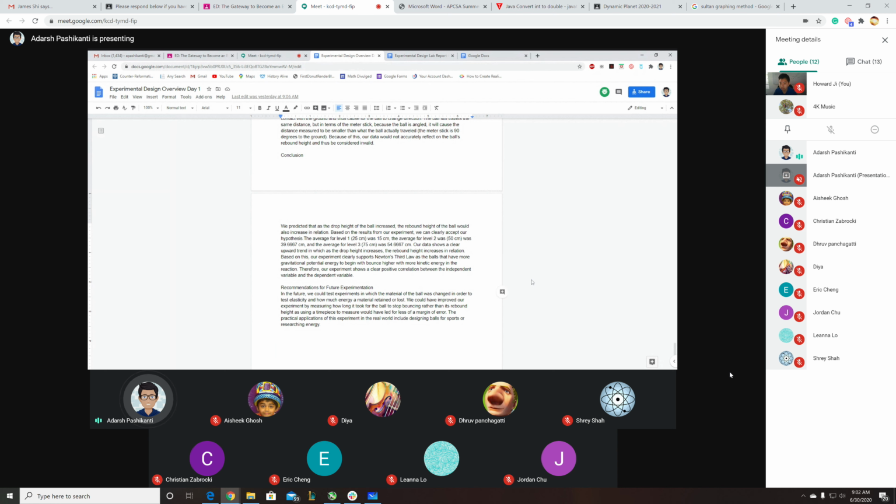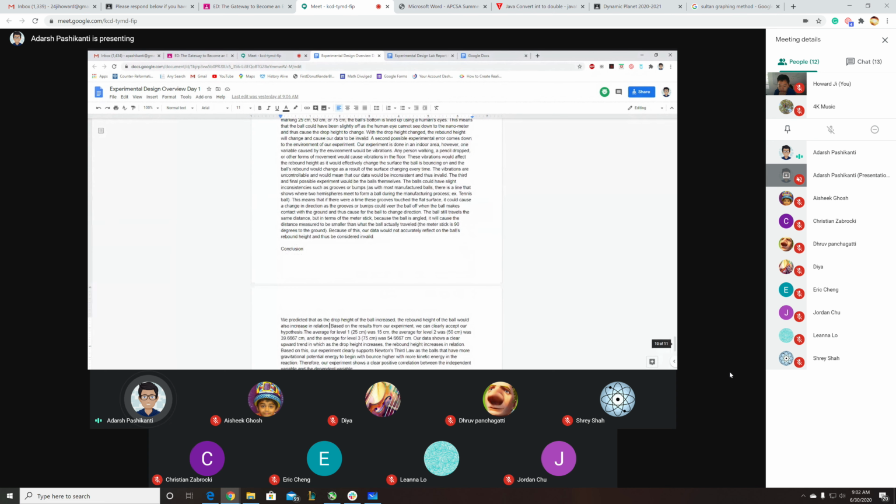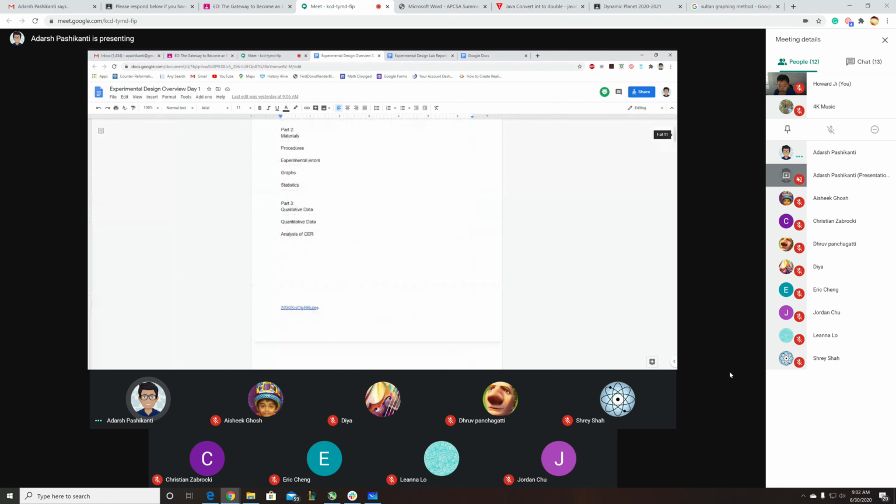Since that's much longer, it's much easier to see when a ball stops bouncing rather than when it's at its highest point. And then the next thing we include is how this could be used in the real world. So for the ball drop, it's pretty simple: people designing balls for sports or researching energy, things like that. So I think that's all we need to go over for the entire experimental design lab write-up.